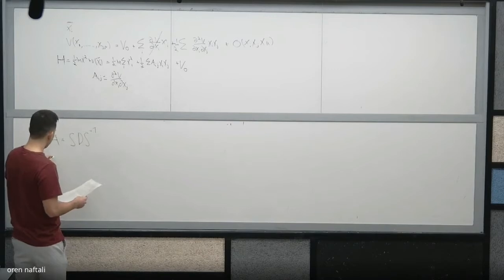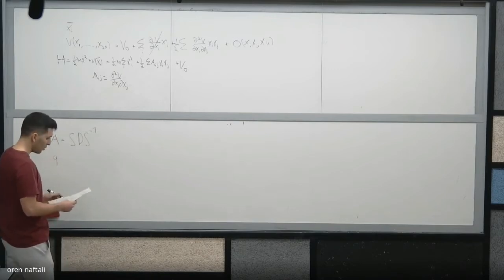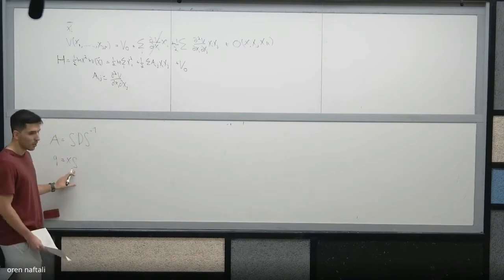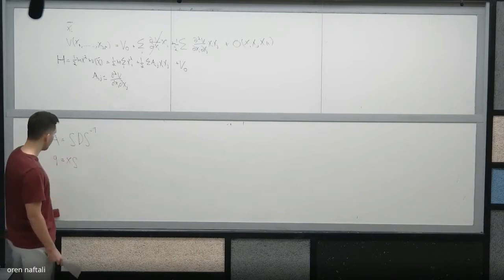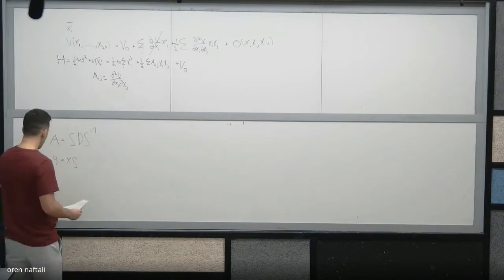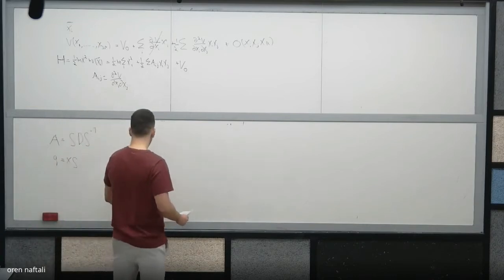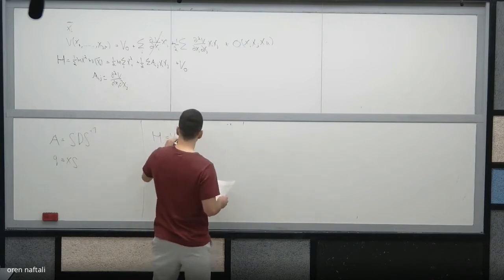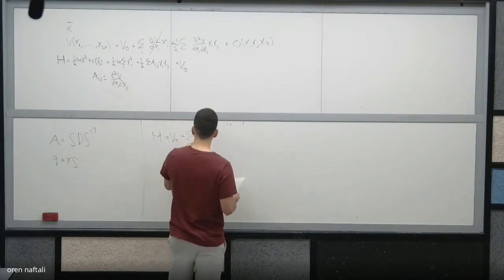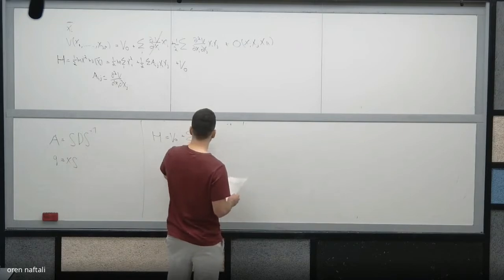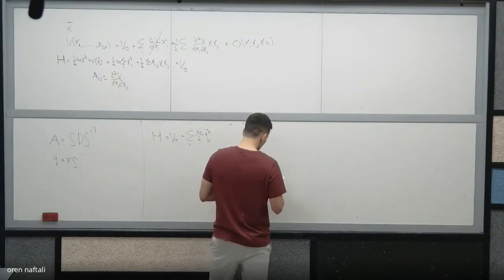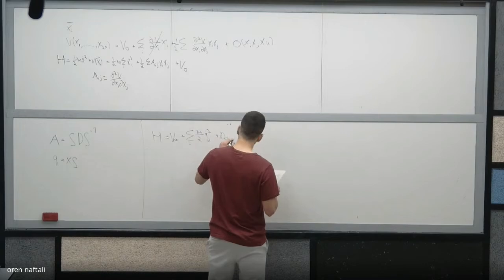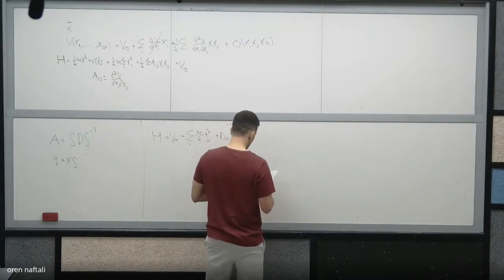We introduce a new coordinate, Q, which is X times S. Then we can write H as V0 plus the sum over i of m over 2 qi dot squared plus dii qi squared.